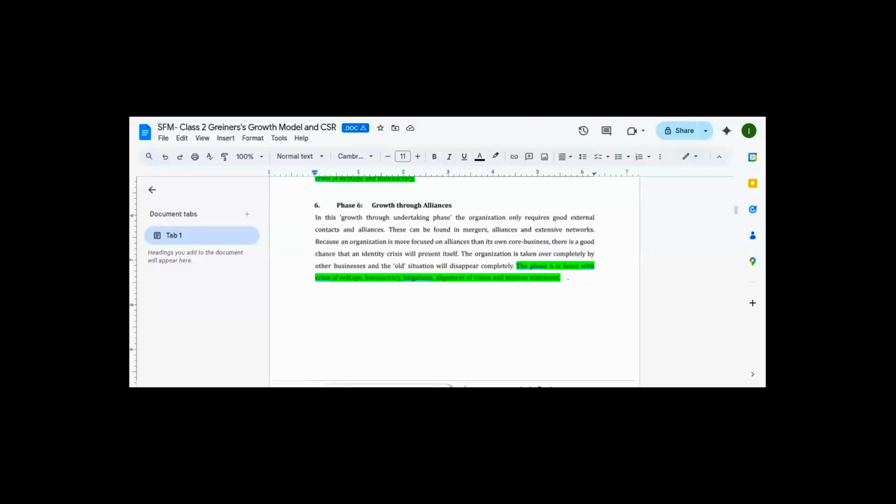So this alliance makes stage 6 be characterized as the stage of crisis of bureaucracy and litigations. Yes, there's a tendency we might have a litigation crisis, all because our partner that we want to go into alliance with might violate the fundamental aspect of this alliance.